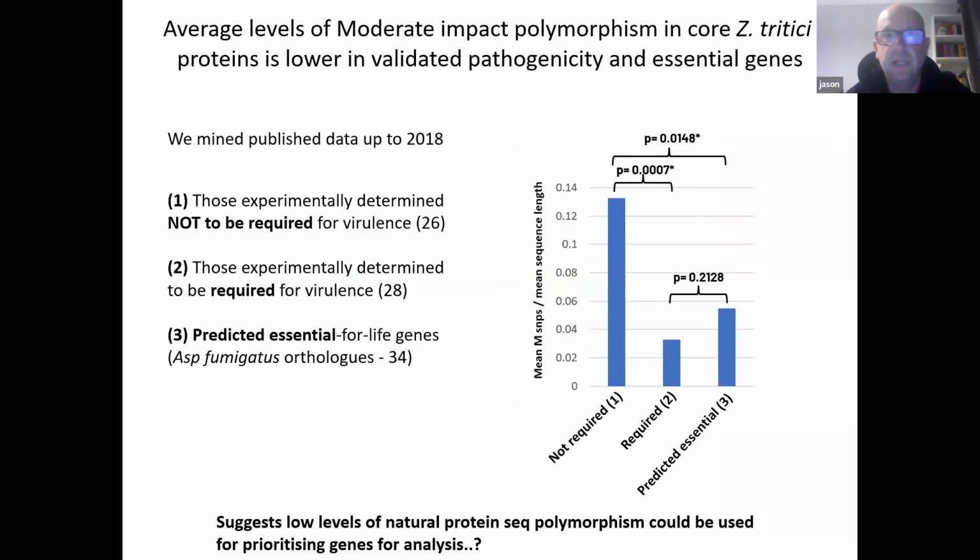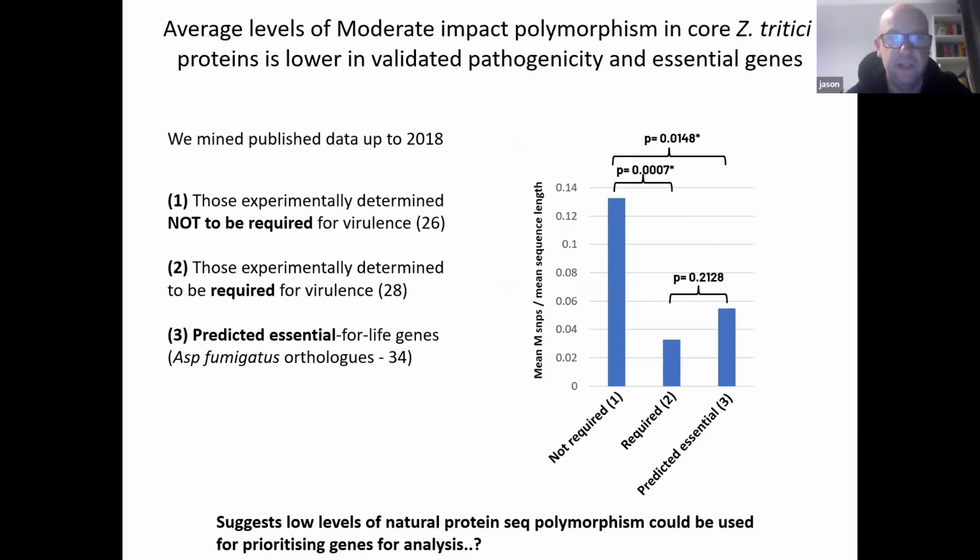We then started to look at the individual genes, thinking whether we can actually start to select genes for analysis based on the fact that they might have lower mutations than expected, meaning the fungus is not really shuffling the deck in their particular case. And just to test this out initially, we started doing some data mining on all the published genes that were available for Zymoseptoria, including our own.